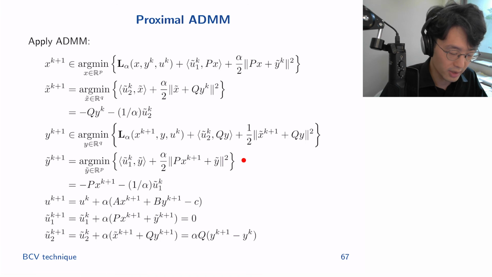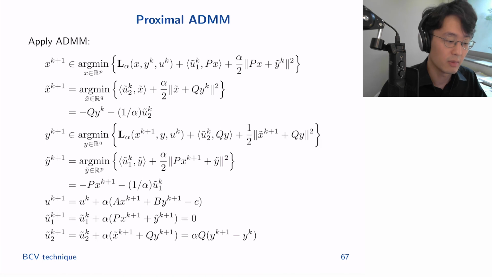The y tilde update is quadratic, so we can write down the closed form solution. And if you think about it, the fact that the x tilde and y tilde updates have a closed form solution is not surprising, because there's no objective function corresponding to x tilde and y tilde. There's only the linear equality constraint. So of course the minimization should be quadratic, and there should be a closed form solution for x tilde and y tilde.